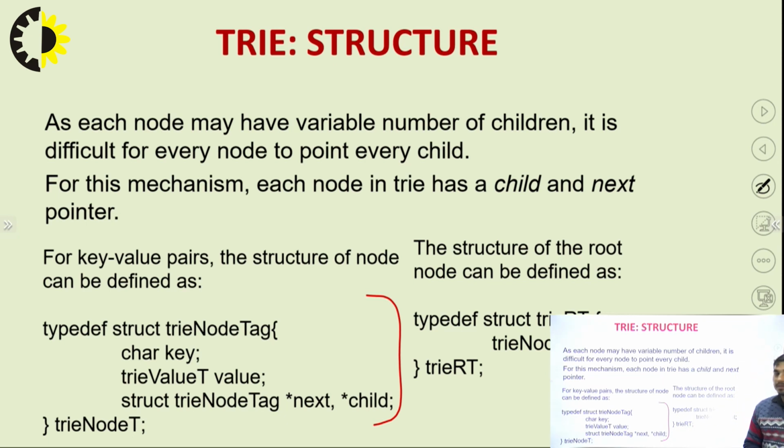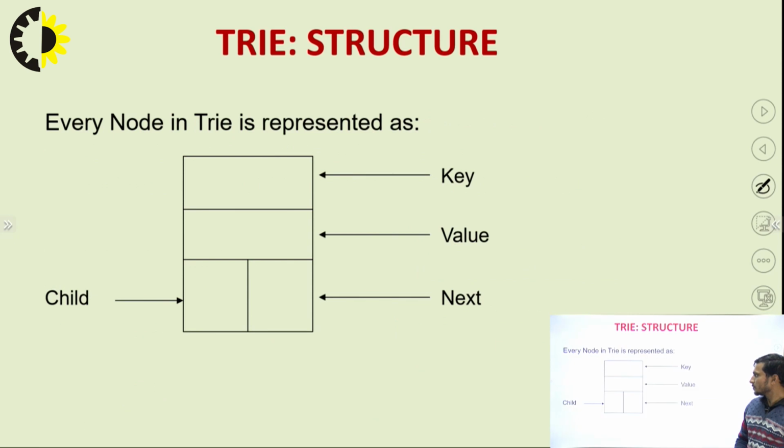Whatever implementation we are doing, we are going to discuss the structure of a trie. First, we are going to look at the visual representation of a trie node. In a trie node, we have 4 fields basically. One is key, another is value. If there is a key, we will store the key, or if it is the final node, we will store null here, and the value which is associated with that particular key.